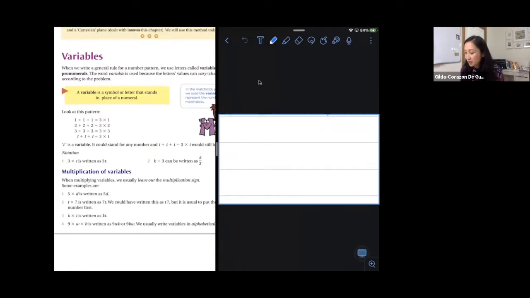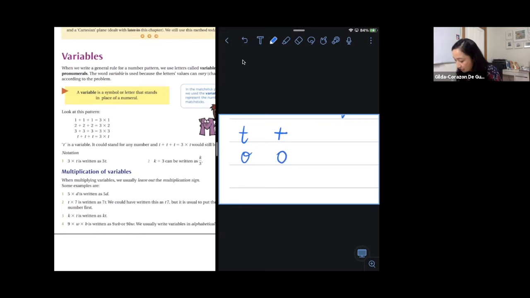Sometimes it would be best if we practice how to write those letters so we don't confuse ourselves with another symbol that we use for maths. So for example, when we write T with a tail, so it doesn't look like a plus. You write the letter O again with a tail, instead of just that for 0, right?